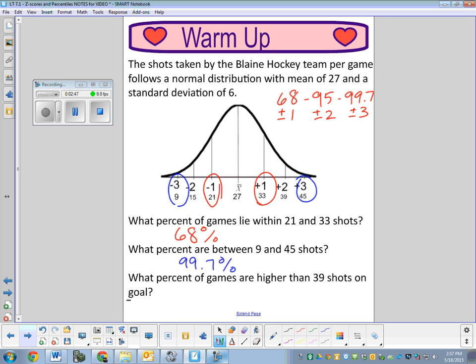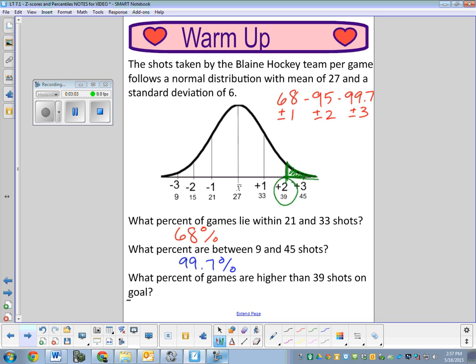And this third one was a little tricky. What percent of games are higher than 39 shots on goal? So if we look at where 39 is, here's 39. We want to know this little tail right here.